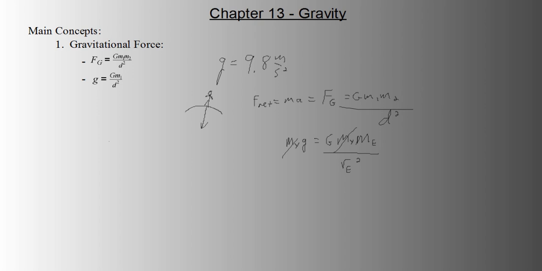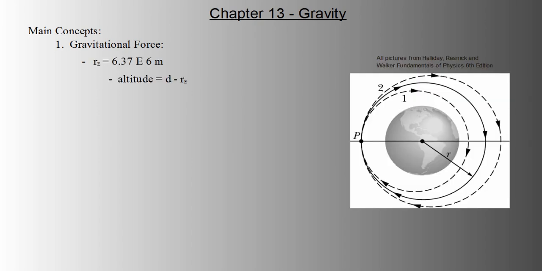It would take too much time. All right, and so yeah, I just stated this. So this is the radius of the Earth. In some problems, for example, you're going to have to deal with not being on the surface, like an altitude above the surface, right? So my variables and the labeling here are not consistent, so I'm going to change this to a d, where d is the distance from the center, and then R e is the radius of the Earth.